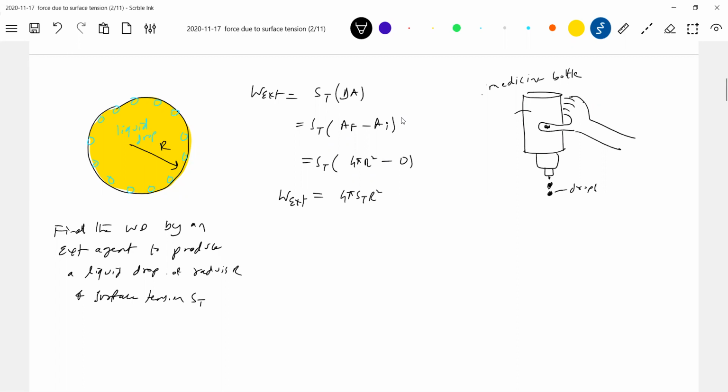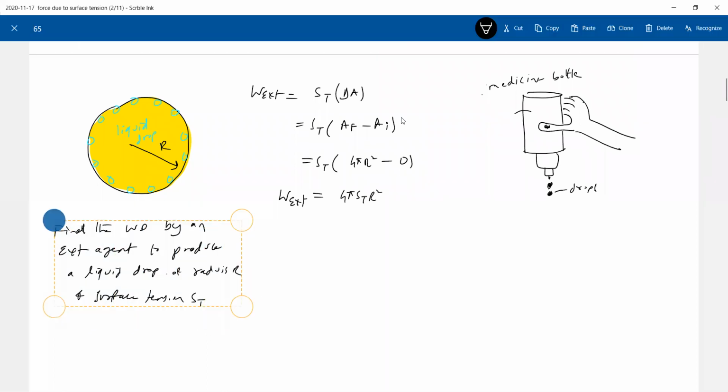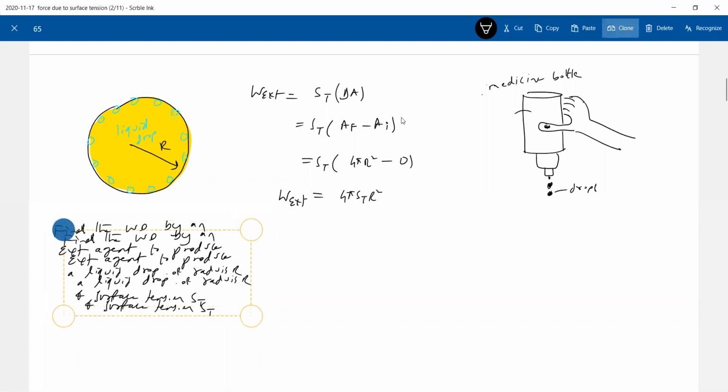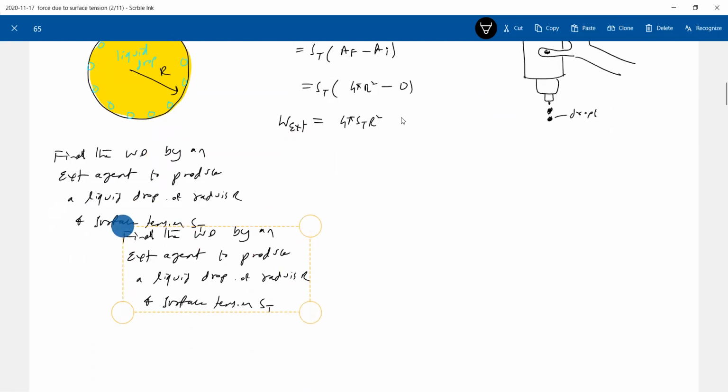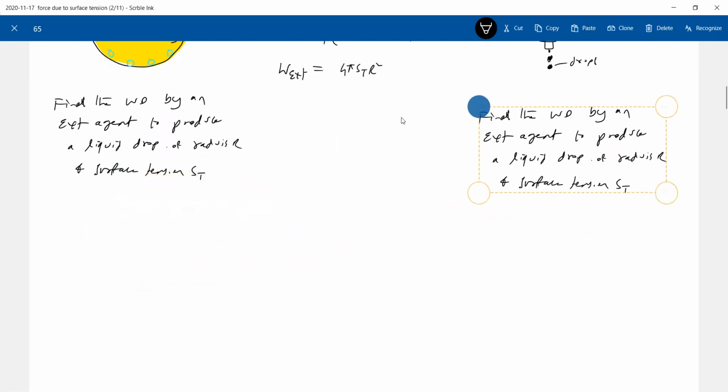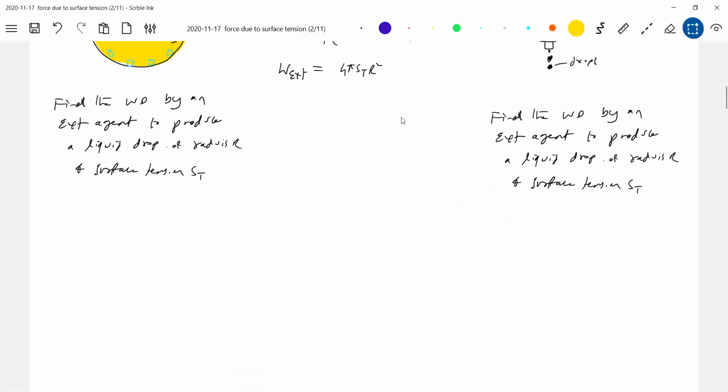Now similarly, work done by the external agent to produce a soap bubble. So for a soap bubble, how many surface areas will it have? Produce a soap bubble of radius r.